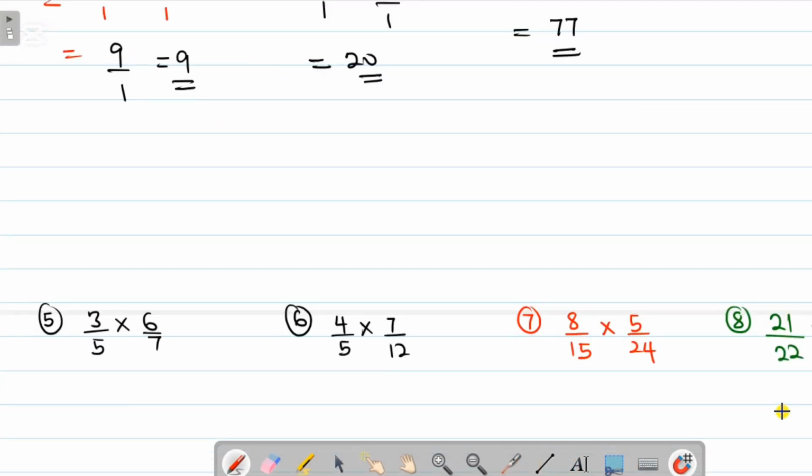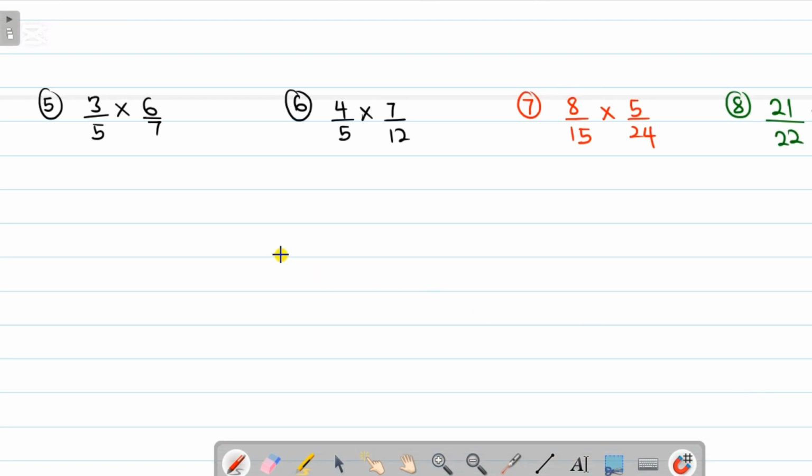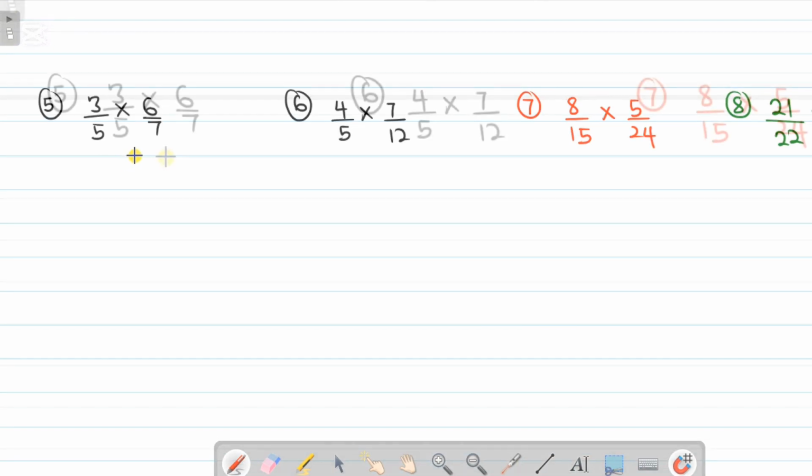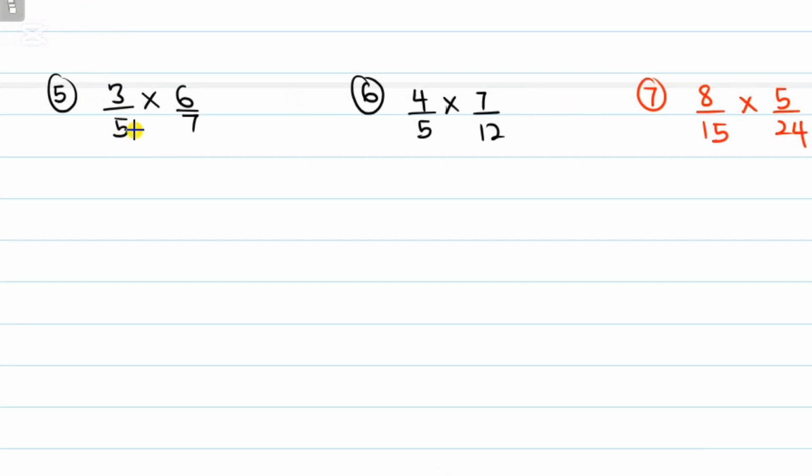And then for the other examples, what if you have a fraction multiplying another fraction? It follows the same method. Look for common factors and cancel out, and then you multiply straight across. Is there any common factor here?